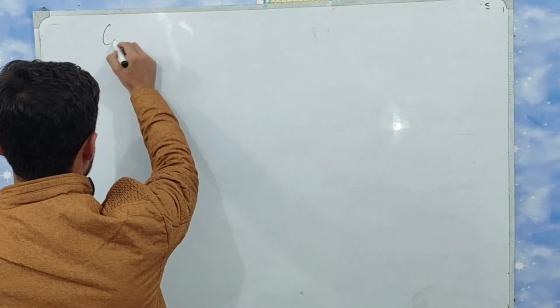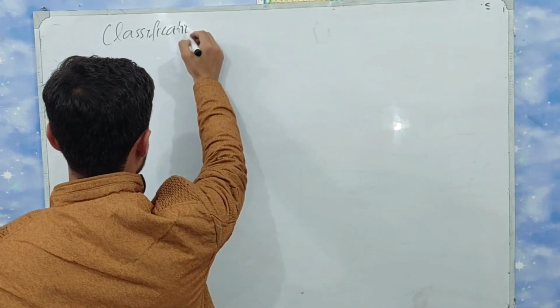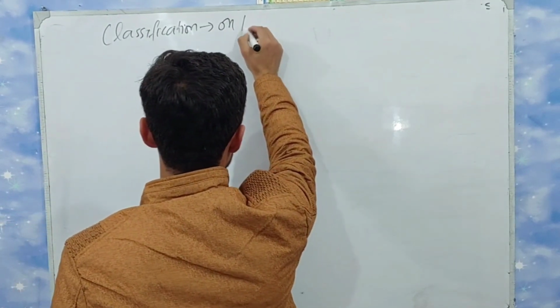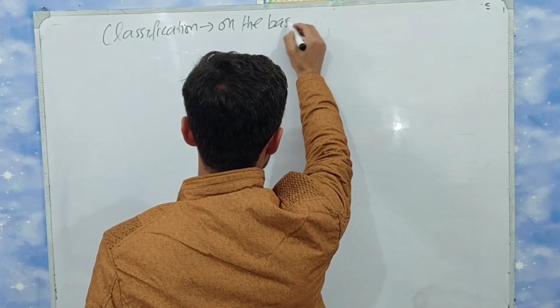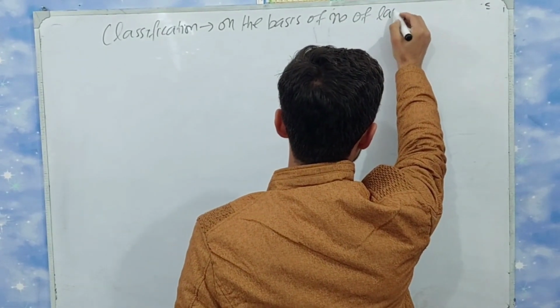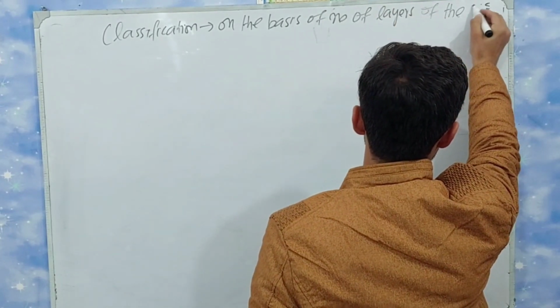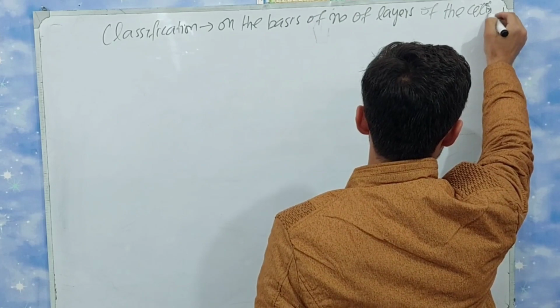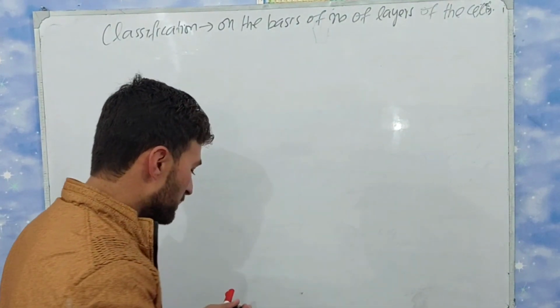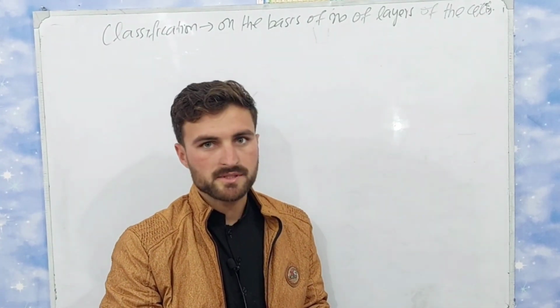So the first classification, which is on the basis of the number of layers of the cell. On the basis of the number of layers, we have two types.